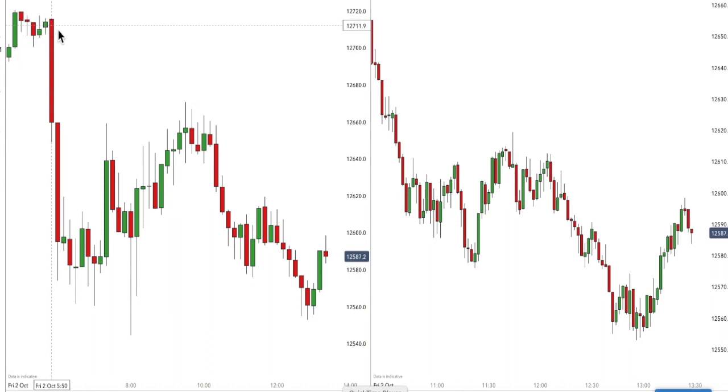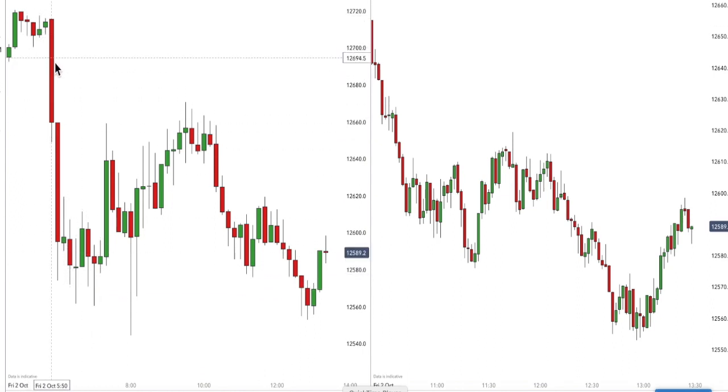So here you can see on the left hand side on the 10-minute chart overnight, this is the DAX, and this pretty much mirrors the Dow, mirrors the FTSE, and they all operate in the same sort of way. But I like the volatility in the DAX.